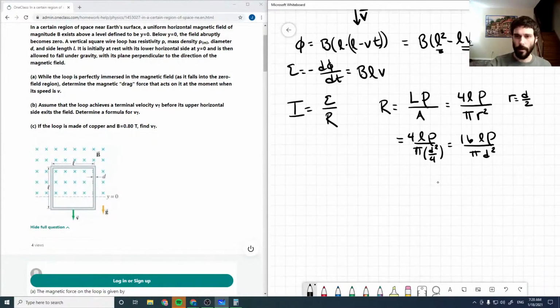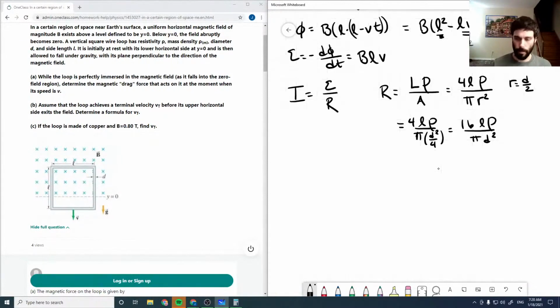So now we can plug in some of our values here. Our current is going to be BLv over 16L rho over pi d squared. We can cancel these L's and bring the pi d squared up top.